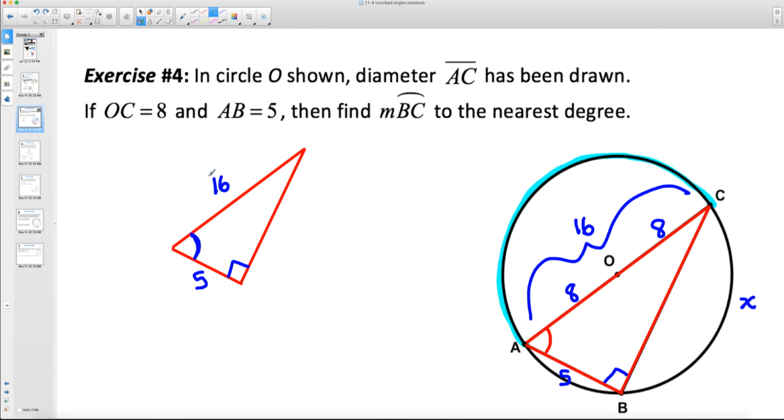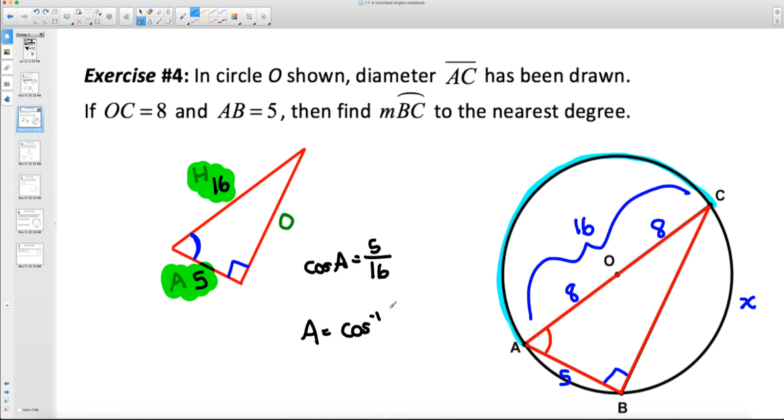We have a hypotenuse, an opposite side, and an adjacent side. We'll specifically use cosine. Cosine of angle A equals adjacent over hypotenuse. We're going to have to use inverse trig. This is from last unit. Everything always comes back to go ahead and solve for that angle.